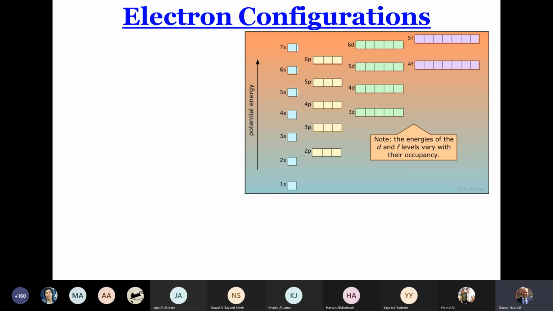So the rule now: we have 4 types of orbitals in your curriculum, s, p, d, and f. We have to calculate the energies of these levels. For 1s, we have n equal 1, l equal 0, ml equal 0. So we put psi 1,0,0 in the Schrödinger equation, and we calculate the energy of 1s.